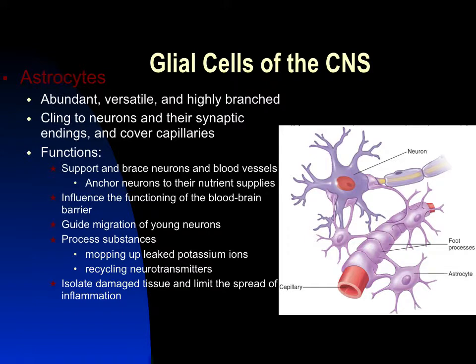They guide neurons to the right place when they're developing. They process substances, like they might recycle a neurotransmitter or soak up extra potassium ions, and they're important in inflammation. They can sometimes act like immune cells in the nervous system.